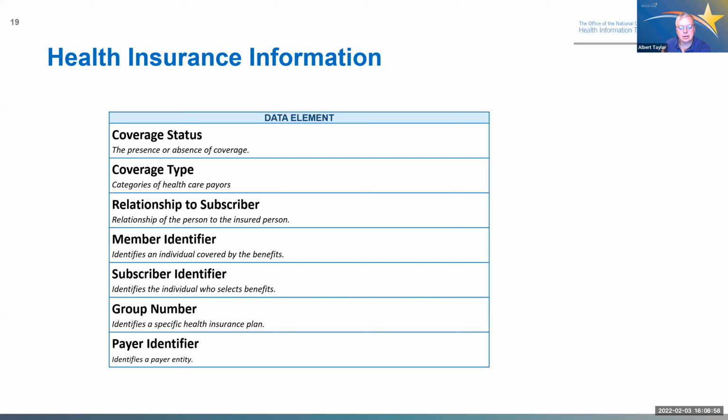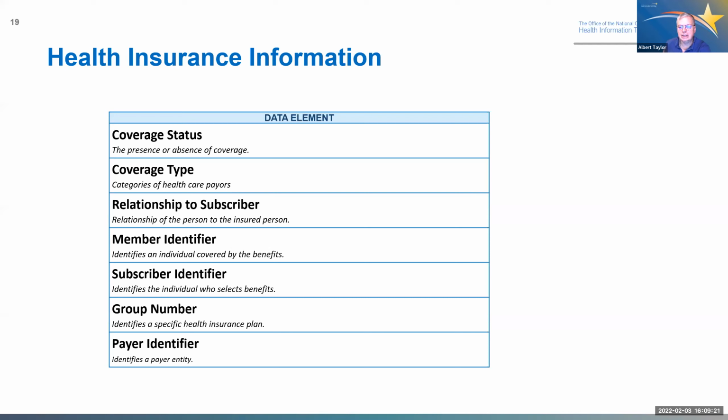Thanks, Carmela. Understanding that the coverage status is associated with a particular claim or particular encounter, we did not add claims data. We have encounter data. We did not add claims data to the draft USCDI V3.